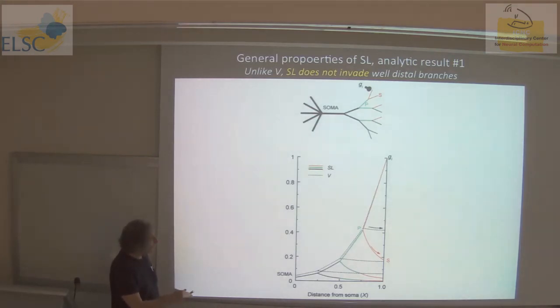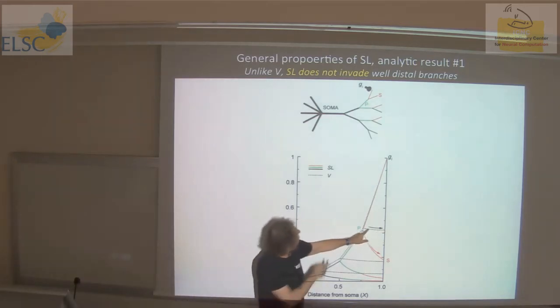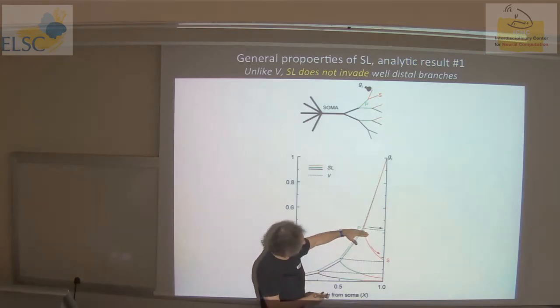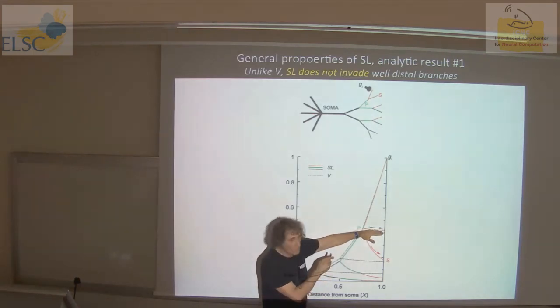The dashed line shows that if I inject steady state current here, I will get this huge voltage drop here and a very shallow voltage drop to the side branch. So this sister branch experiences almost isopotential voltage, almost no drop to the side branch, because of the sealed end boundary conditions here.